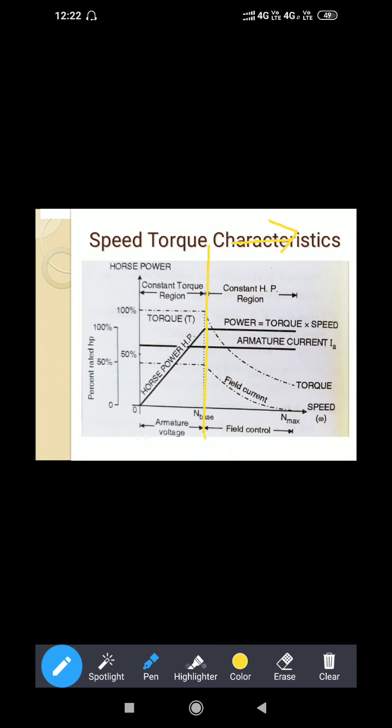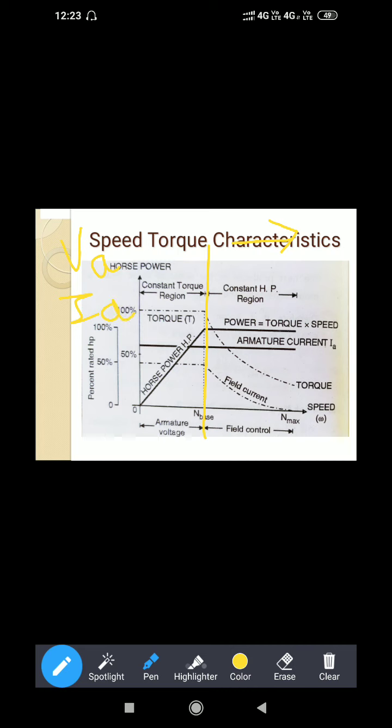So this is the field control part, where we are going to increase the speed of the motor by field current control. So here, first we'll see the constant quantities. Here we have kept the armature voltage at rated voltage, so armature voltage will remain constant. Armature current also remains constant.